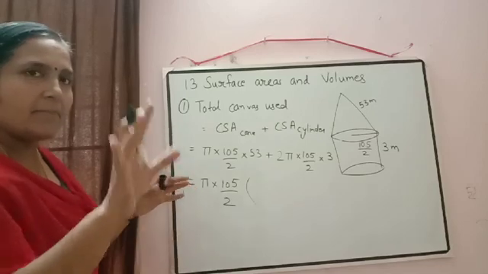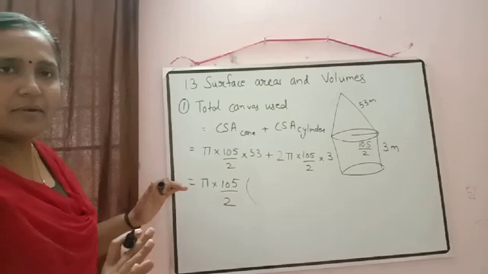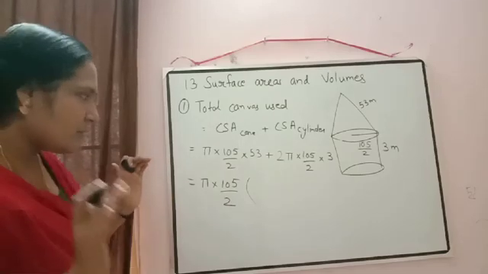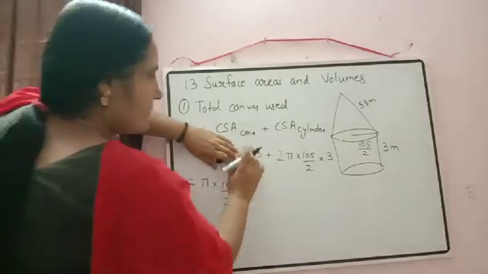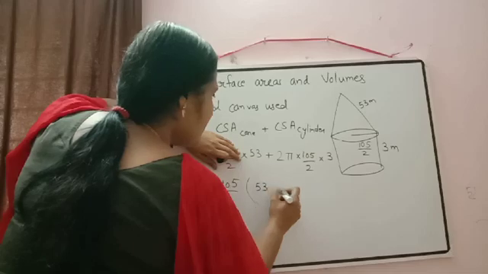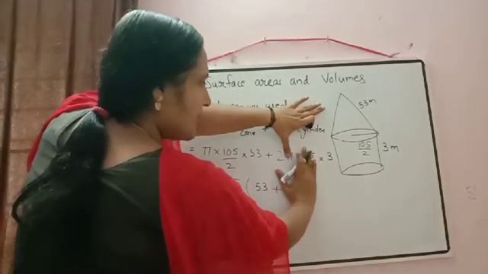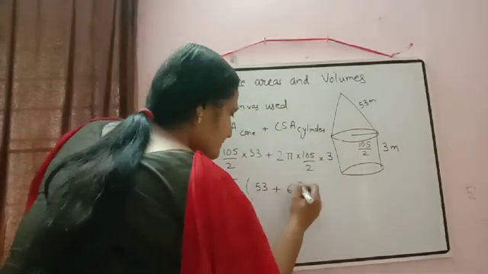If we get a number which is a multiple of 7, then we take pi as 22 by 7; otherwise we can take 3.14. So with pi and 105 by 2 taken common, what remains is 53 in the first term, and 2 threes are 6 in the second.